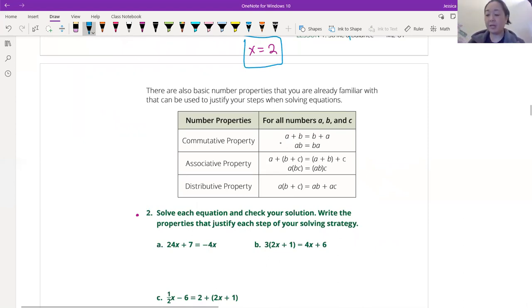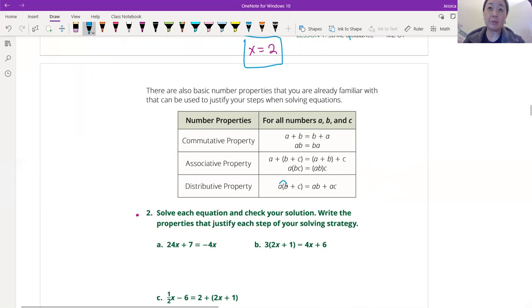And then the one thing I will say to note is the distributive property right here. So remember, the distributive property means to distribute. So what does a distributor do? Distributes things. To who? To everybody who it's supposed to distribute to. So who's it supposed to distribute to? The people inside the parentheses. So this A is the distributor, right?